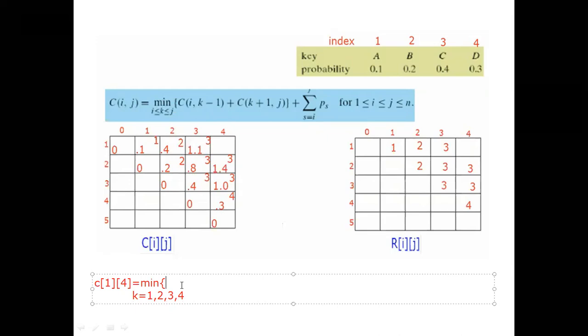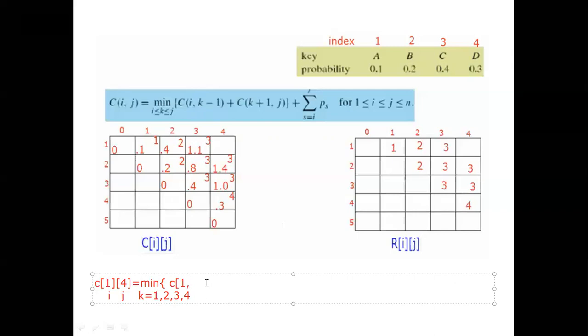I will write from here. C of, what is the first value? I. What is I? That also I will write here. I, and this one it is J. C of I, what is I? 1, comma, K minus 1. What is K? First K, 1.